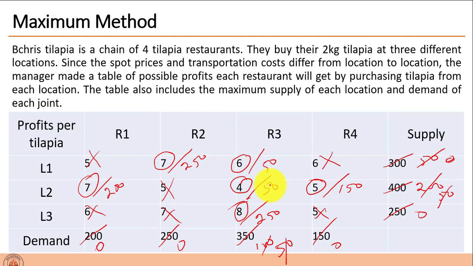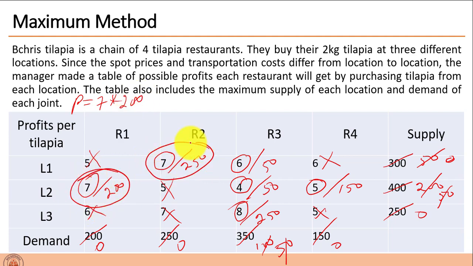So the same way, we are going to calculate our profit by taking the product of all these points that we have provided. So we're going to have P equals 7 multiplied by 200 from the first location here.